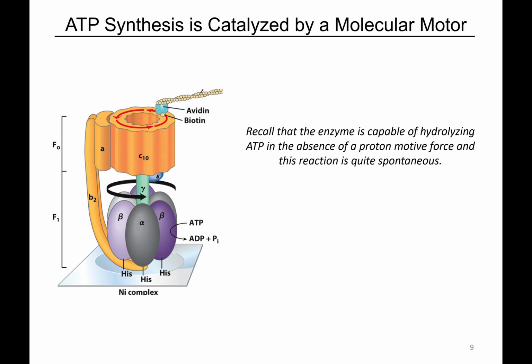And that's because as ATP gets hydrolyzed in this direction, because ATP hydrolysis is spontaneous, this enzyme hydrolyzes ATP, it causes the gamma subunit to rotate, and the gamma has to rotate because the alpha and beta subunits are locked into place. And rotation of the gamma subunit causes this C ring to rotate, and that makes this signal spin.